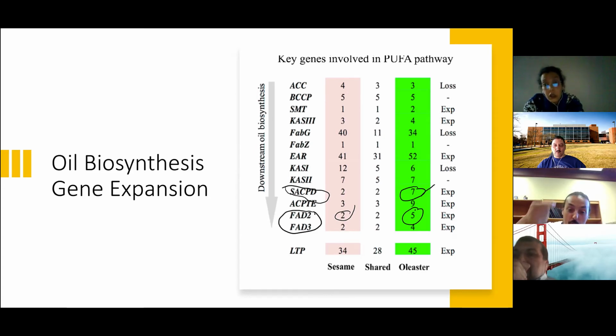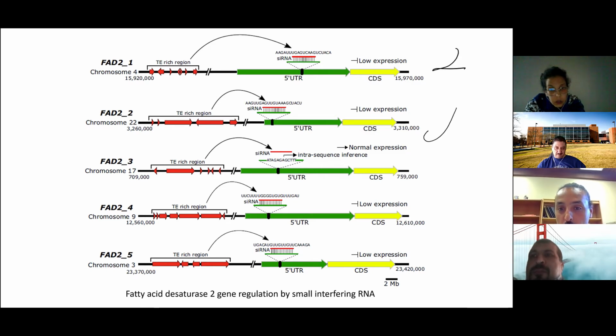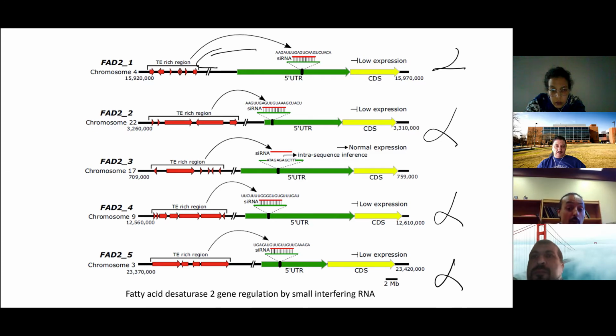But zaytunatun mubarakatun is in the Quran for a reason. So why? Here is why. Of those 5 genes, only one of them is working, because the other 4, this one, this one, this one, and this one, there is a siRNA, a small interfering RNA derived from a rich region of transposable elements that we were talking about and how they regulate gene expression.